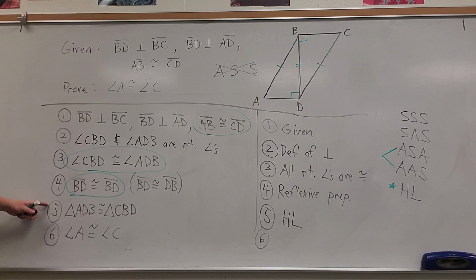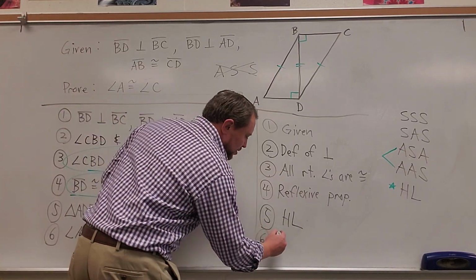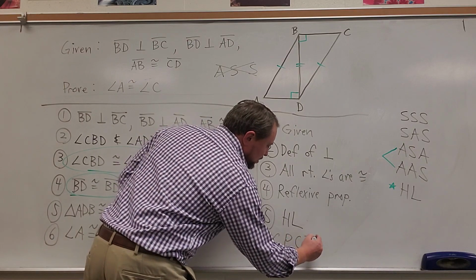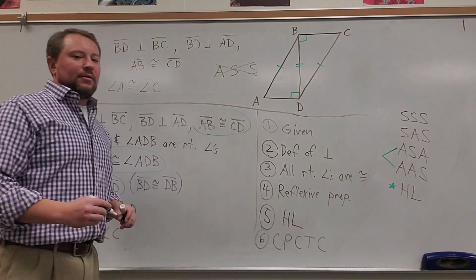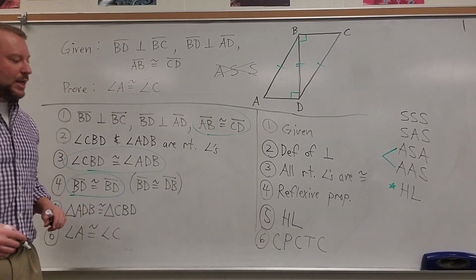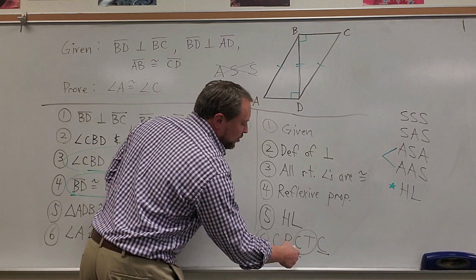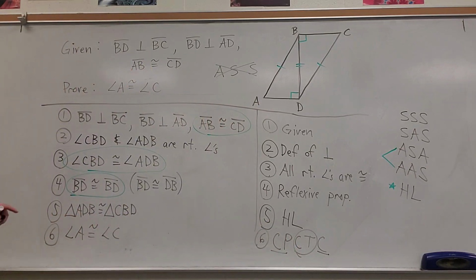After you prove triangles congruent, now remember it's fair game that you could use CPCTC. That's what we always use to prove parts congruent, but you can't use it to prove parts congruent until you first show you have congruent triangles, which we did in the previous step 5.